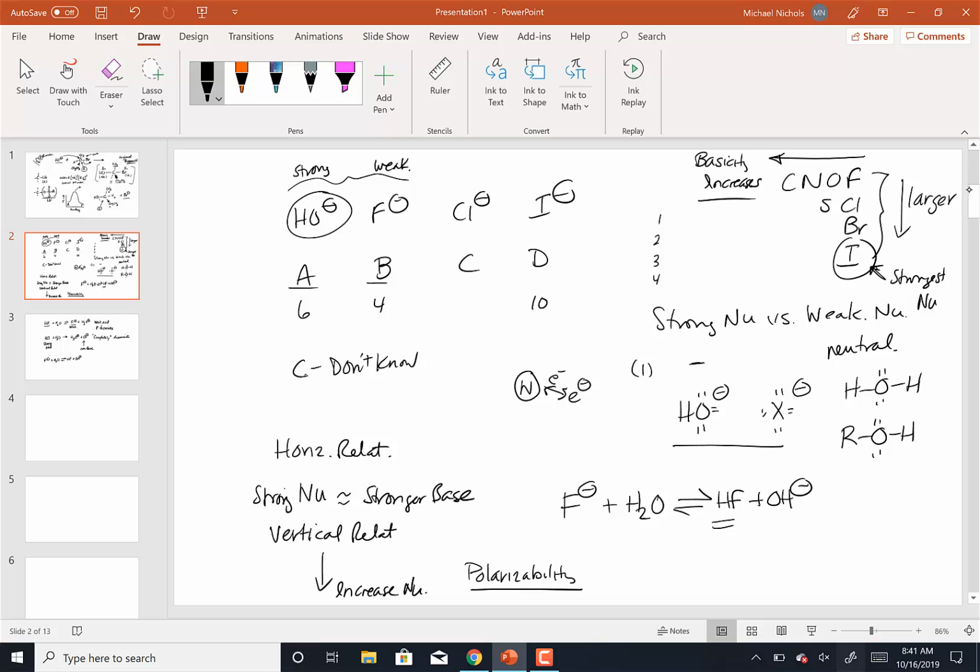So the technical term that we use is, as you go down the periodic table, the ions become more polarizable. They become bigger. Valence electrons are less tightly held. They become squishier. I can deform the electron clouds a little bit more easily.